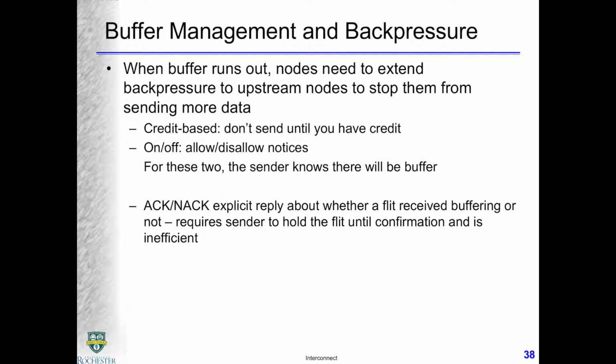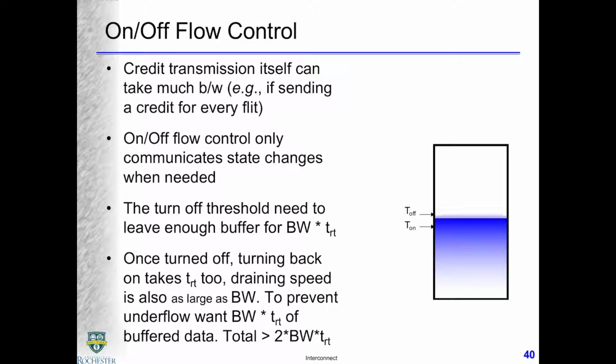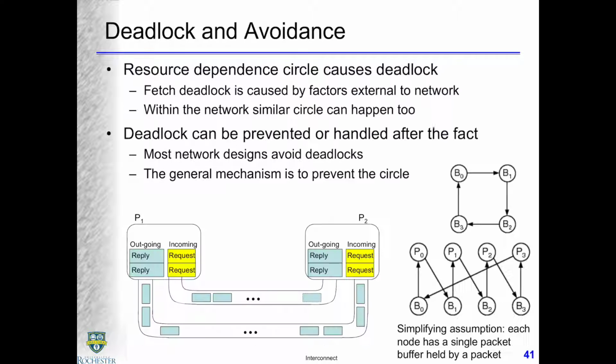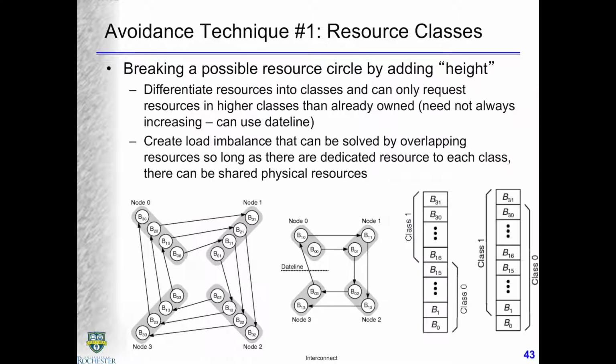And then we realize that to maintain the buffer control, you need something to denote whether you have enough buffer or not, and this can be a credit-based system or an on-off based system. Okay? In either case, once we have this buffer and we're waiting for a certain buffer, we absolutely can have deadlock, and you have different ways of solving the deadlock.